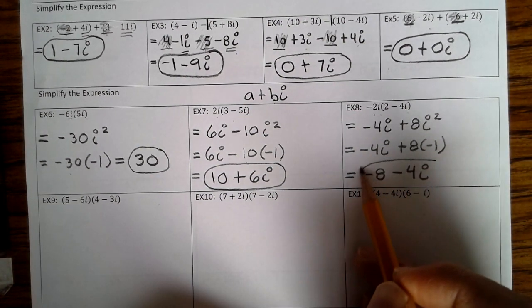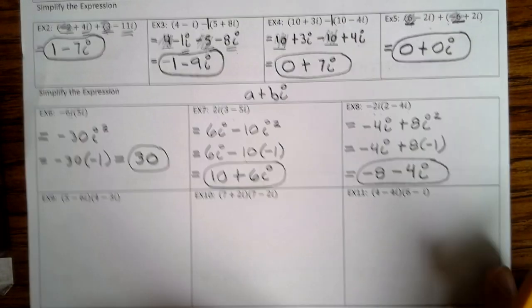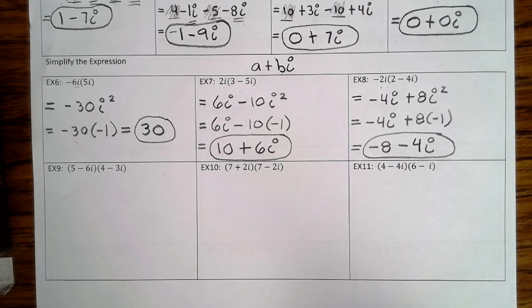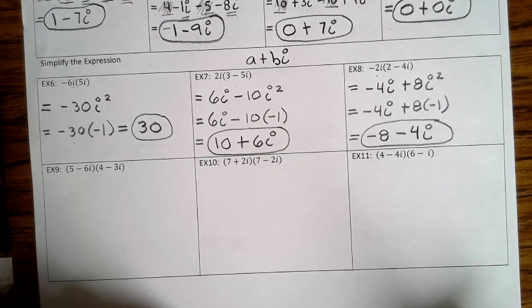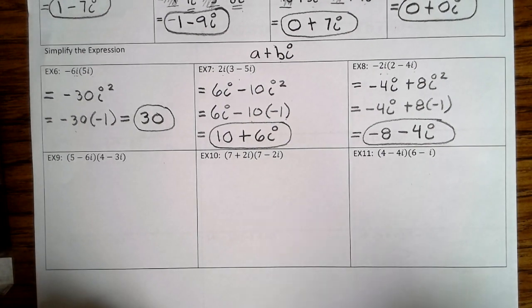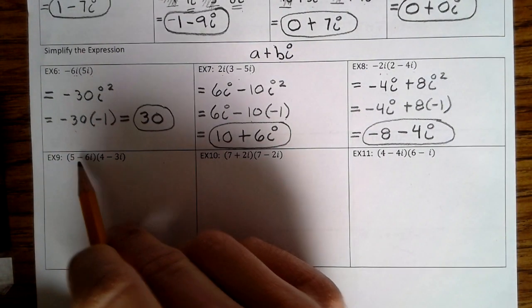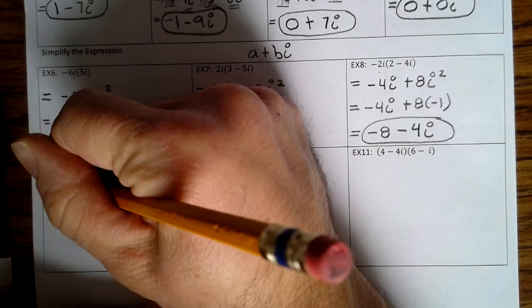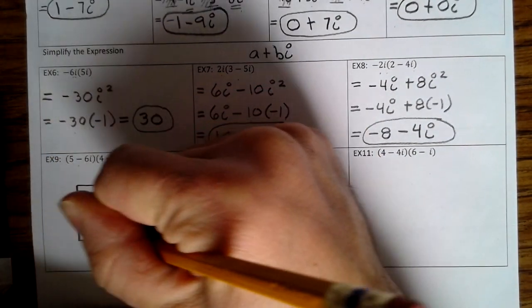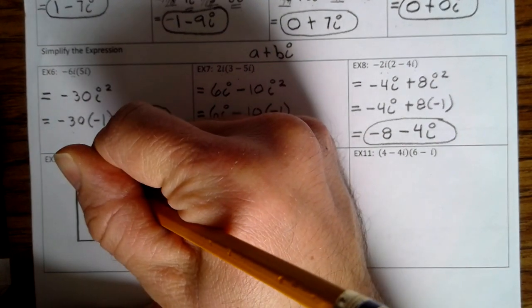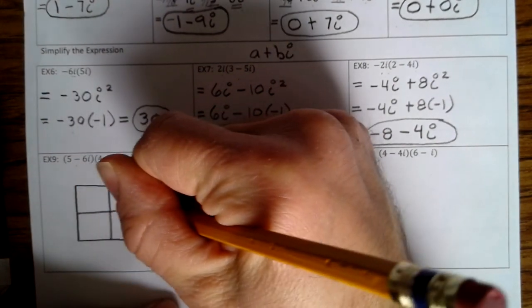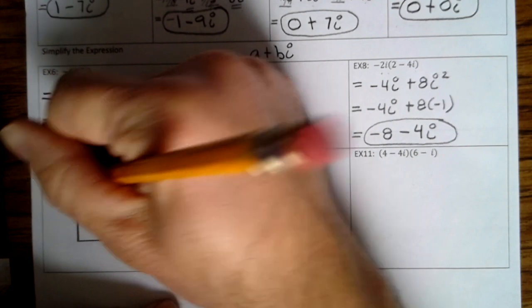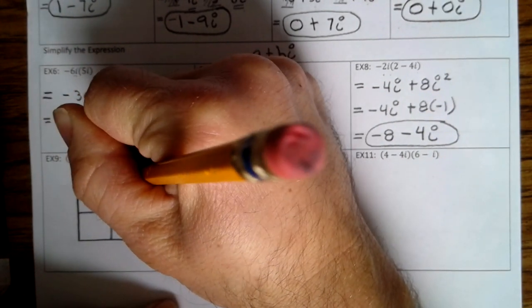All right, example 9. Now here, when we multiply these, we want to actually use the box method. So I'm going to draw a box. So 5 minus 6i times 4 minus 3i.